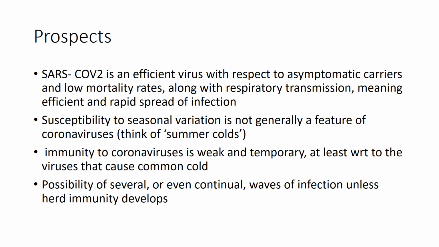This is an efficient virus in terms of its ability to transmit. It has a relatively low mortality rate, which means that most people are going to be infected and not die, and they're just going to transmit. This is what I mean by an efficient virus.